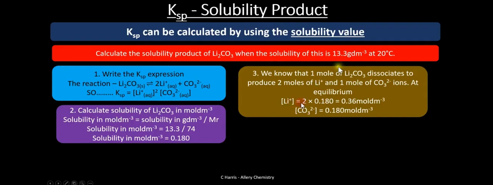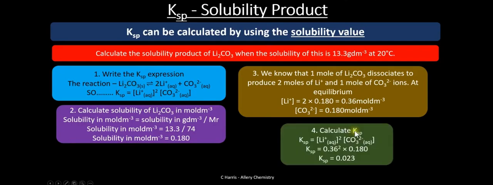The concentration of lithium is going to be 2 times the concentration of our lithium carbonate, which is equal to 0.36 moles per cubic decimeter, and our carbonate, its concentration is just going to be equal to this, which is 0.180, because it's 1:1 with the original solid here. So it's going to be 0.180 moles per cubic decimeter.